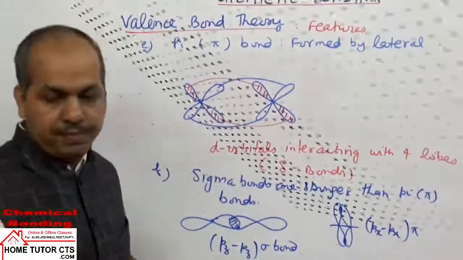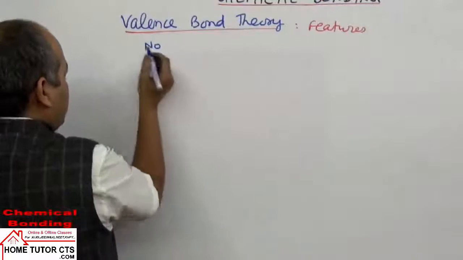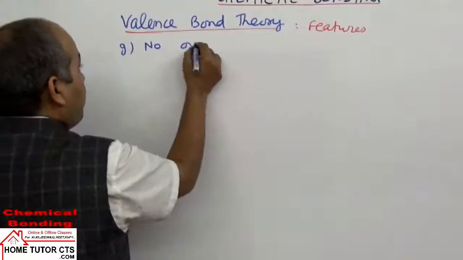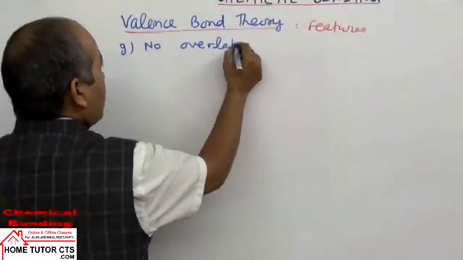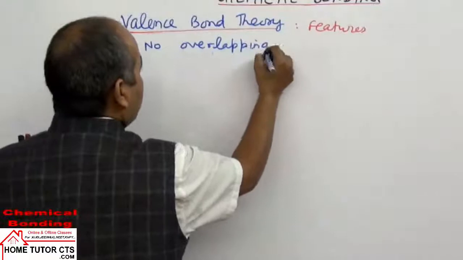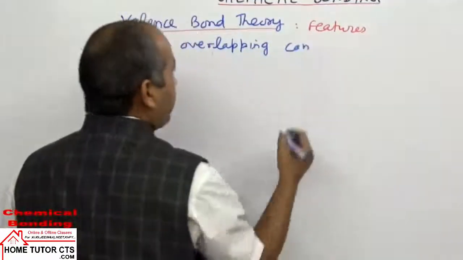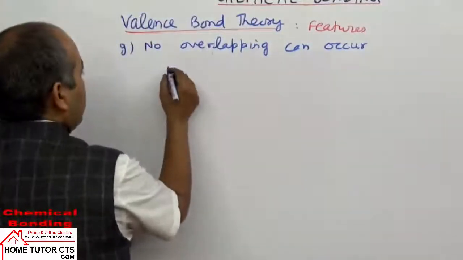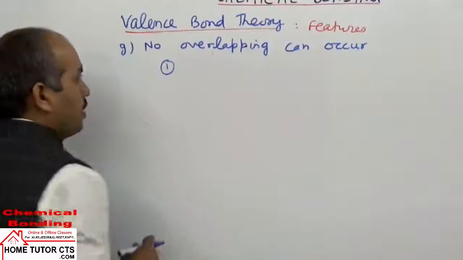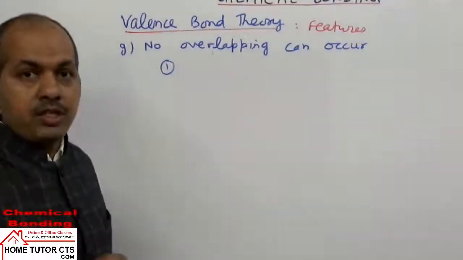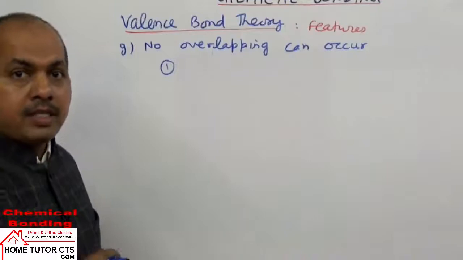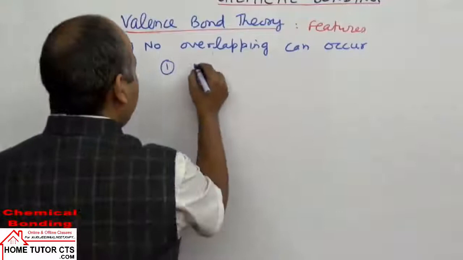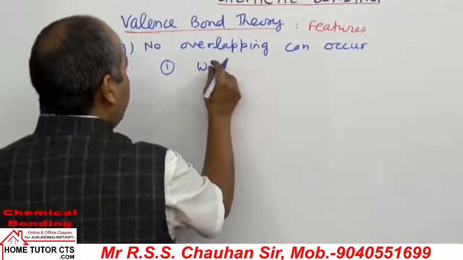Let us see the next point. No overlapping can occur in some cases. The first case: orbitals whose wave functions are not in the same phase will not overlap effectively.